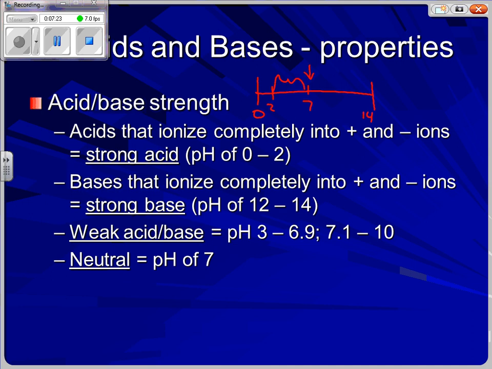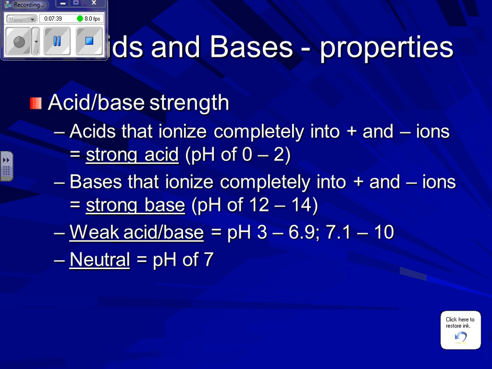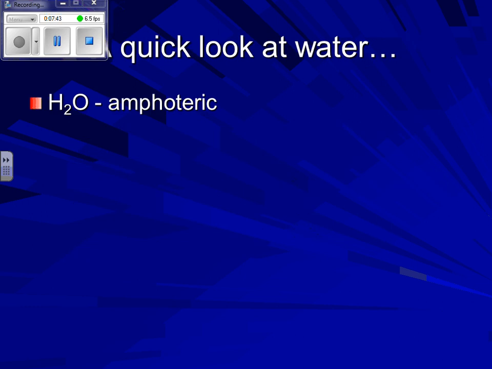This is neutral. And then anything from here up to 12 is going to be a weak base, and 12 to 14 would be characterized as a strong base, just to give you a little perspective where things would fit in with a pH scale. We'll talk about what that actually means with pH and hydrogen ion concentrations and so on in another tutorial.